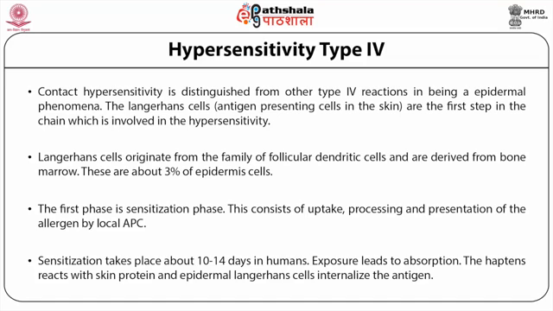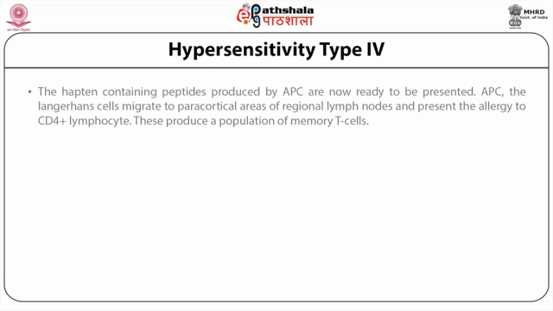Exposure leads to absorption. The haptens react with the skin protein and epidermal Langerhans cells internalize the antigen. The hapten containing peptides produced by antigen presenting cells are now ready to be presented.